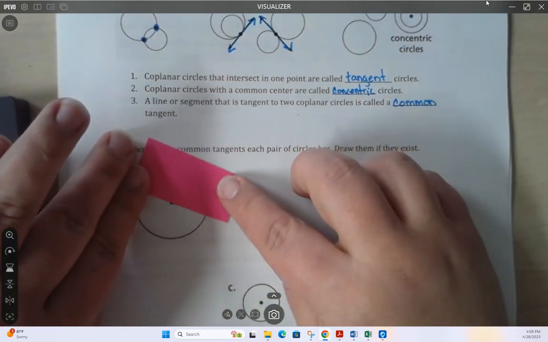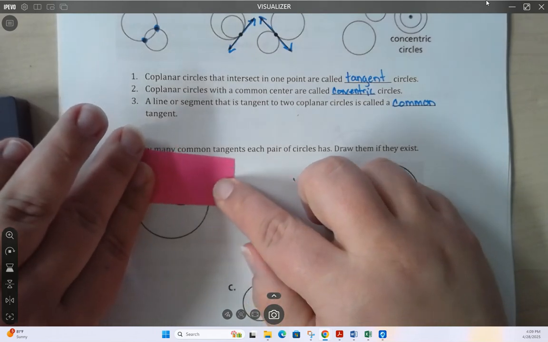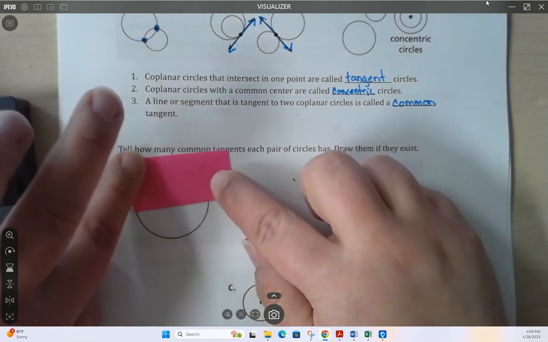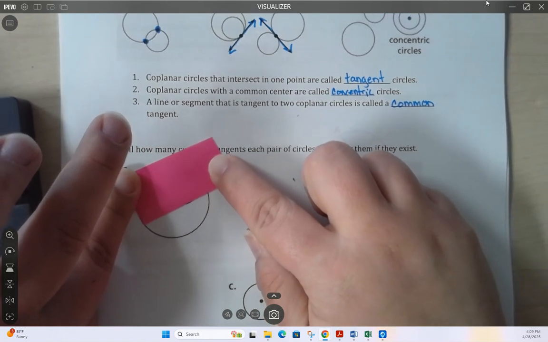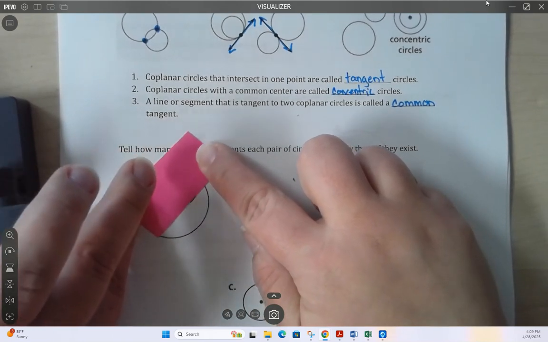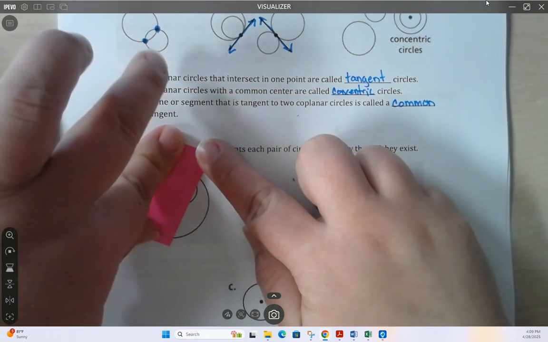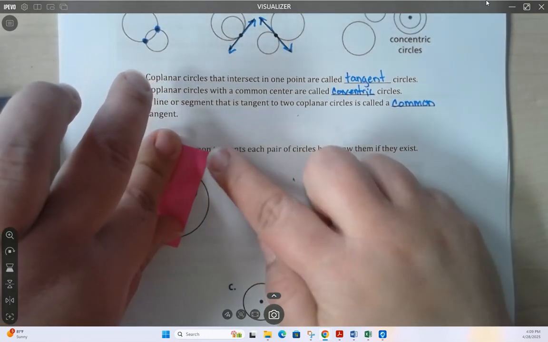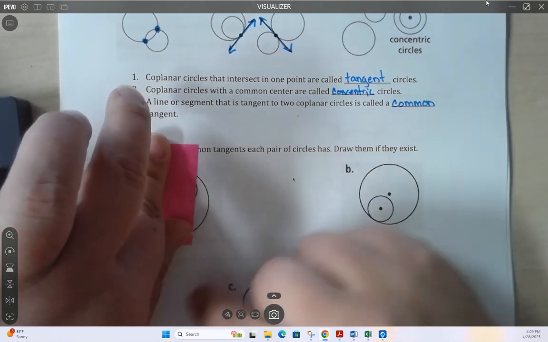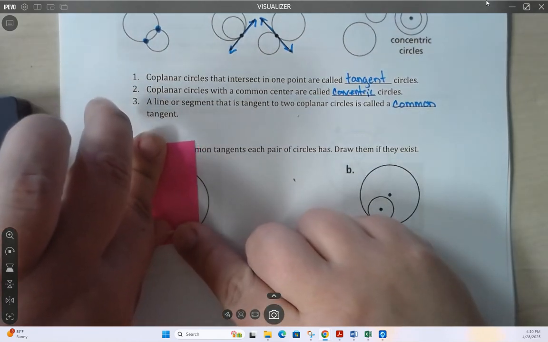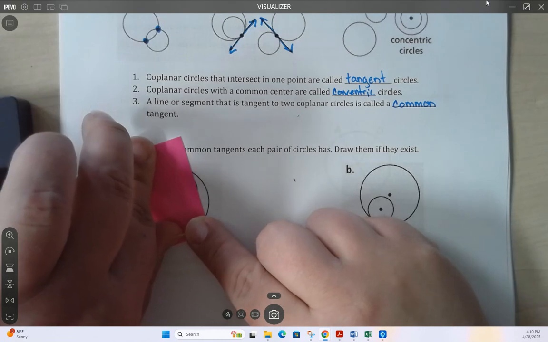And even as I get blurry on my screen, you can kind of see how that's happening. Every time I turn this around and show even just the tiniest bit of that circle under there, it's still crossing the second or larger circle in two places.